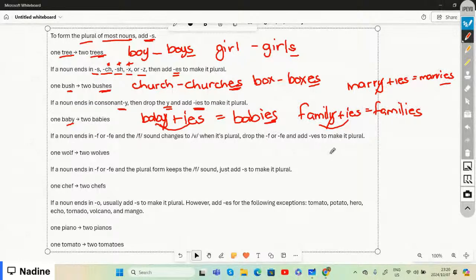So that is correct. Marries, or married, to get married, but marries is where we add IES, but we drop the Y. Yes, well done. So marries is correct.